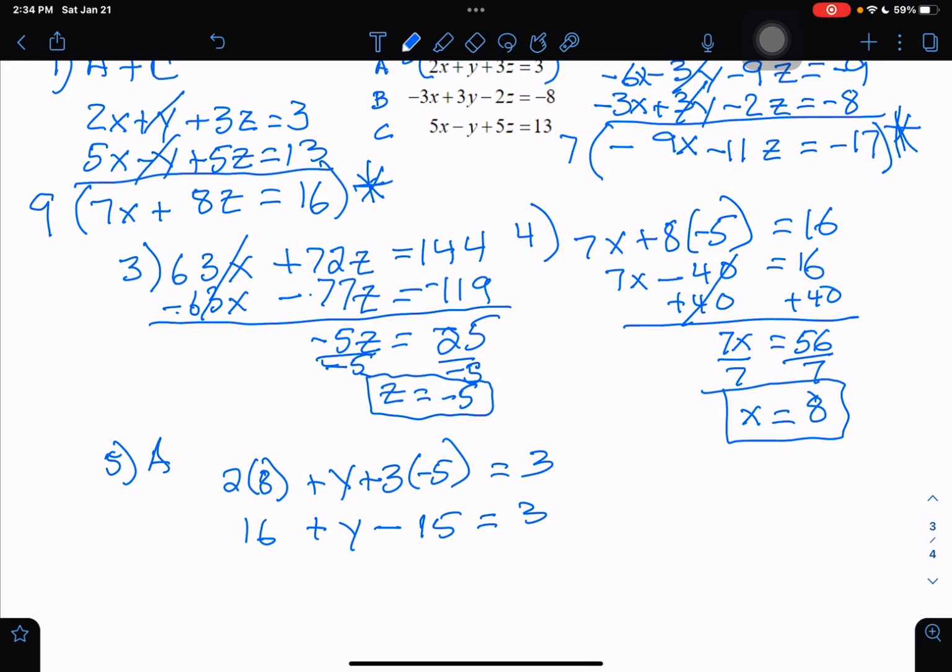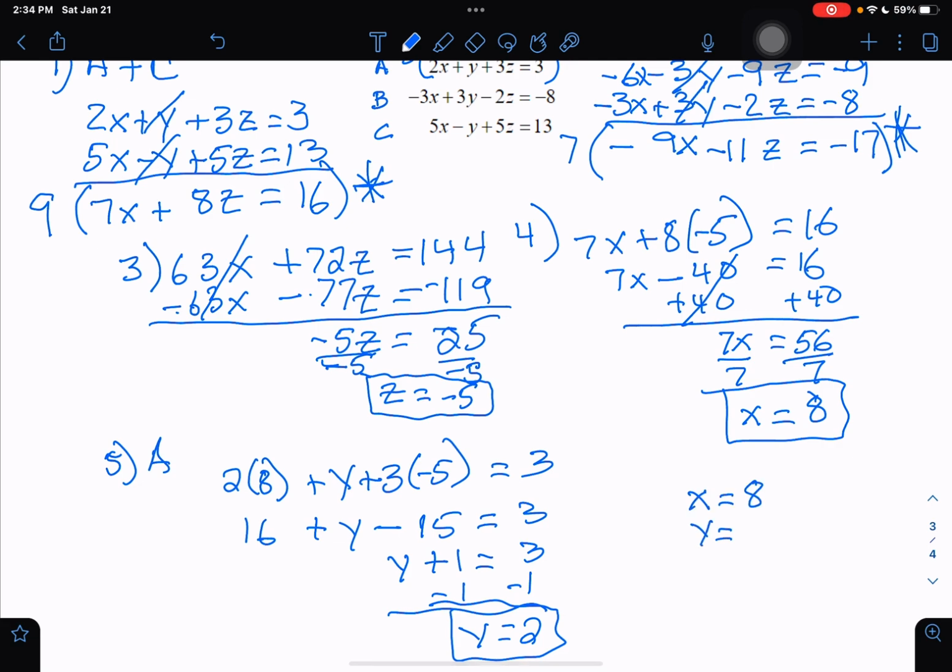So if I add 16 and subtract 15, I get y plus 1 is equal to 3. And then I subtract 1, and I get y is equal to 2. So we have x is equal to 8, y is equal to 2, and z is equal to 5.